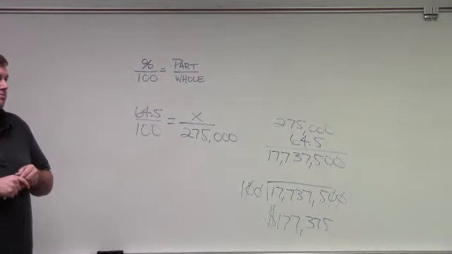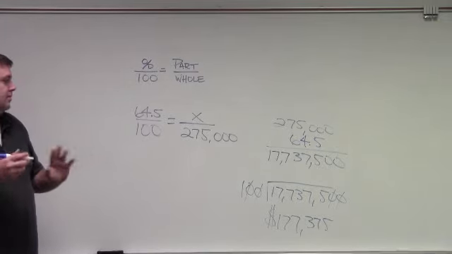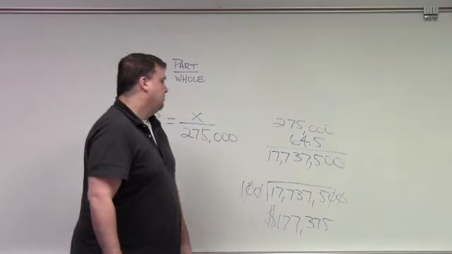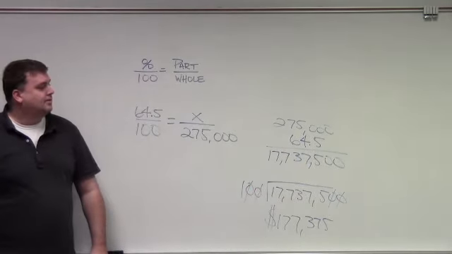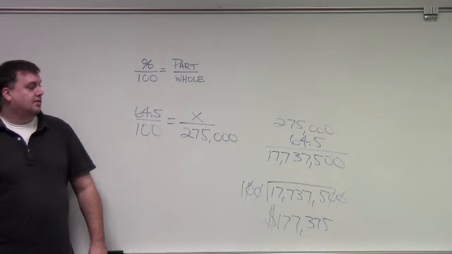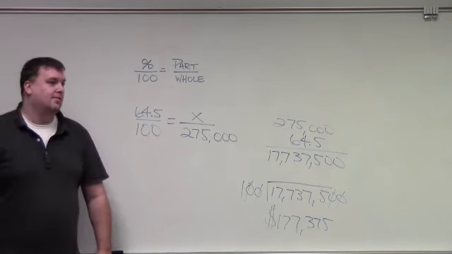Didn't even have to divide it. If you have two numbers when you're dividing, as long as you have zeros there, cancel out the same amount. As long as you're doing the same thing inside the house as you're doing outside, you're good to go. Nice little trick, comes in handy sometimes. So I don't want to divide 100 into 17 million. I got better things to do with my time, right?